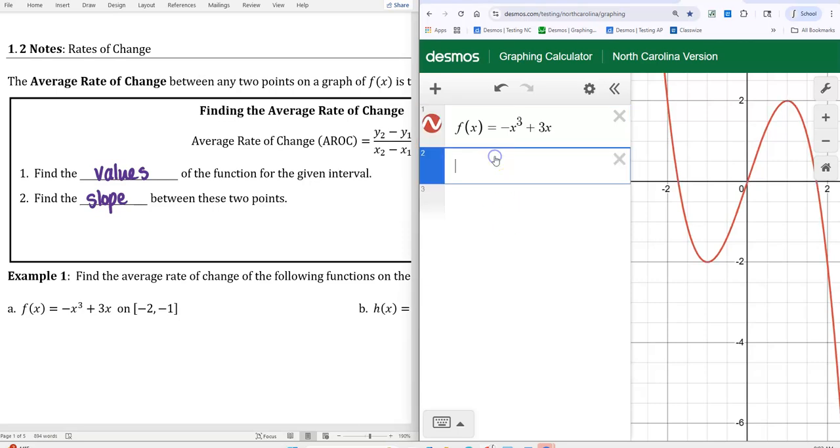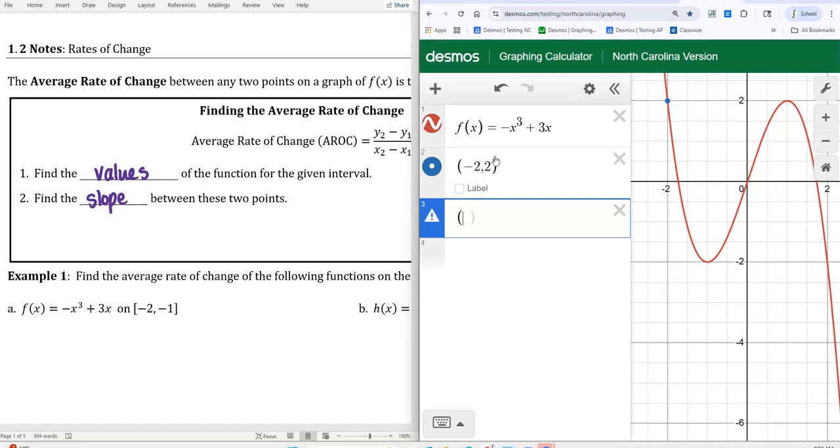Zoomed in, it looks like negative 2, 2, and negative 1, negative 2, I think. So we're looking at these 2 points right here. What we're thinking about doing is thinking about the slope of that line.